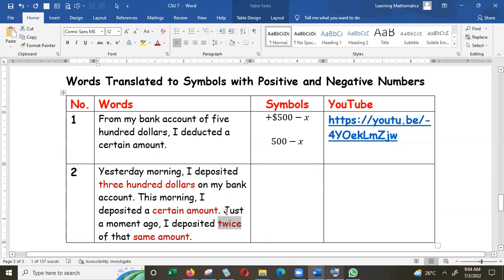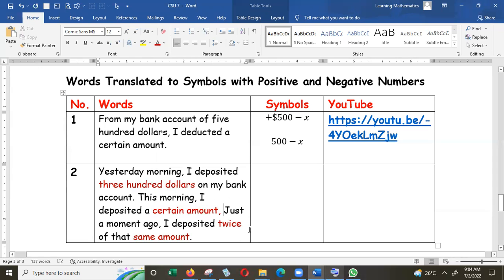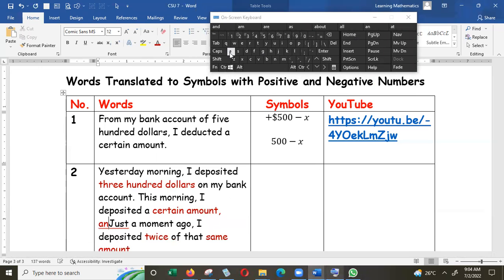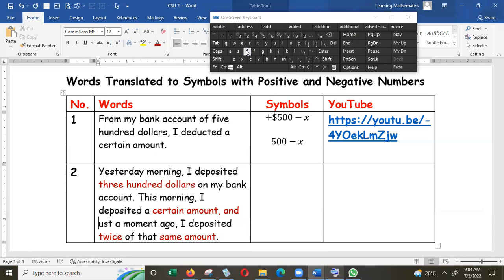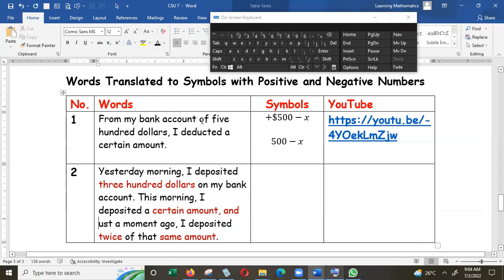Now, there is a conjunction word there that was not placed. It was replaced by a full stop. But if we take out the full stop, we can put a comma and we can write the word and. And is a very important word in mathematics, especially arithmetic, because it also signifies quantification.